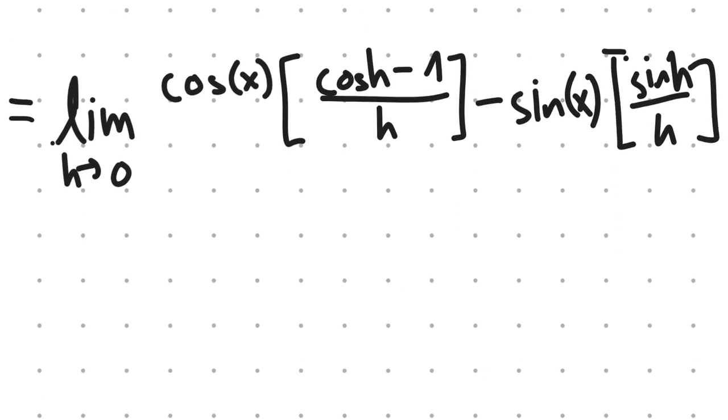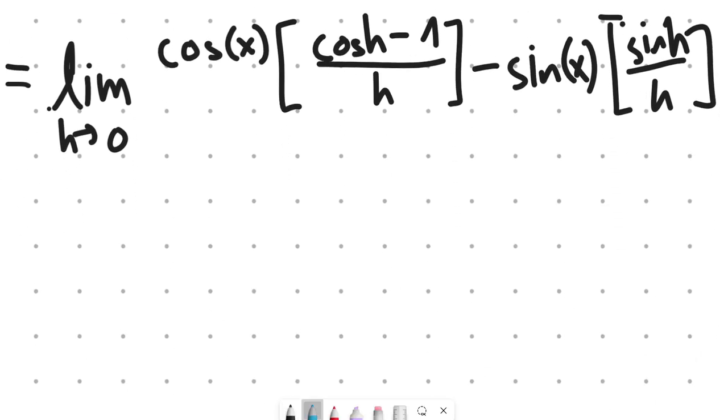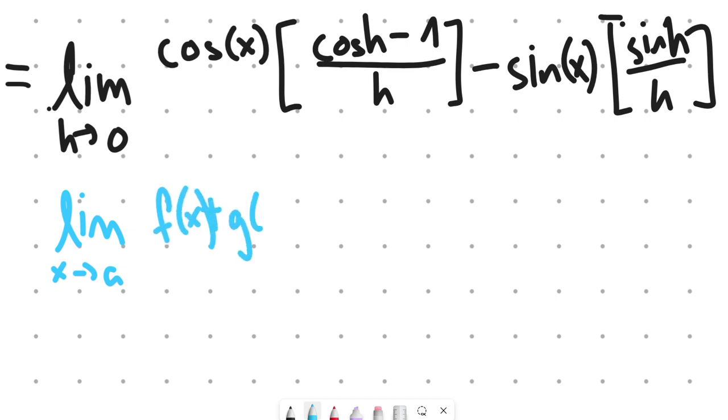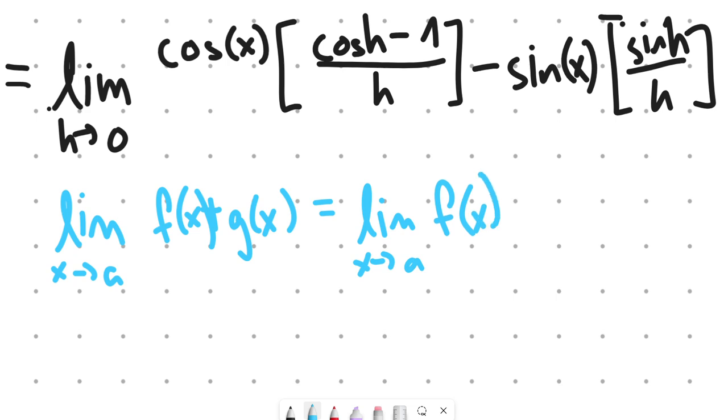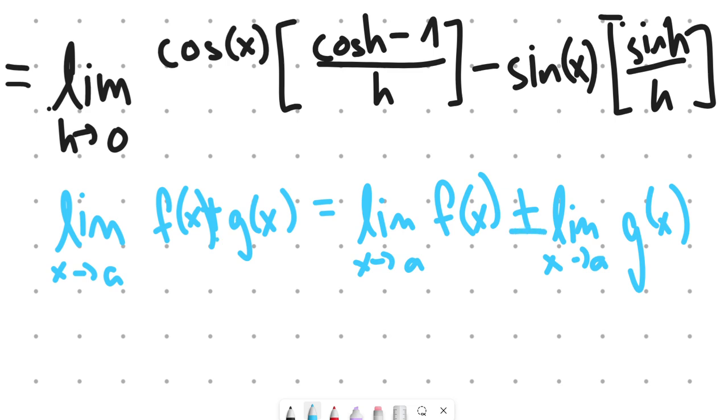Now, a property of a limit says that the limit as x approaches any number a of f of x plus g of x is the same thing as the limit as x approaches a of f of x plus the independent limit as x approaches a of g of x. Since we can split those additions or subtractions, we can do this for the limit we are looking for.